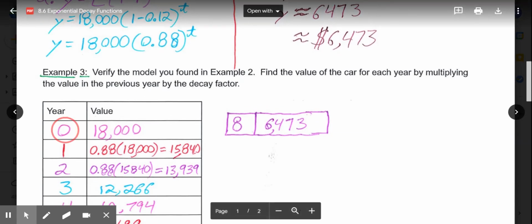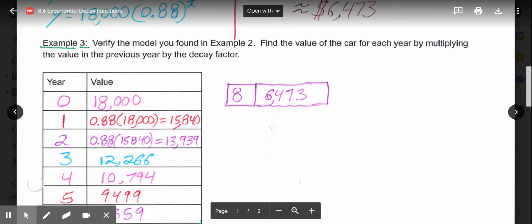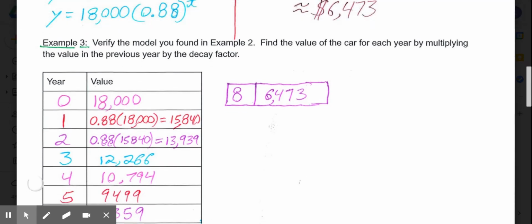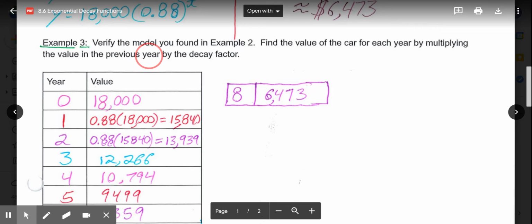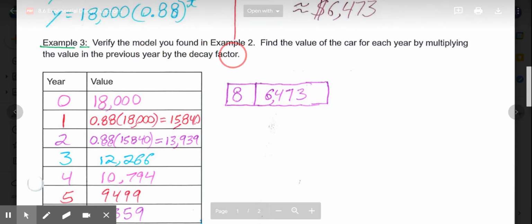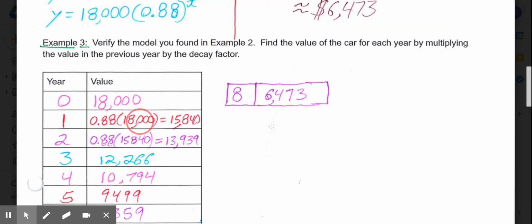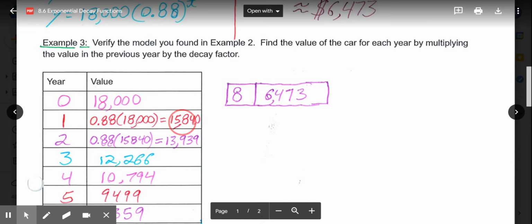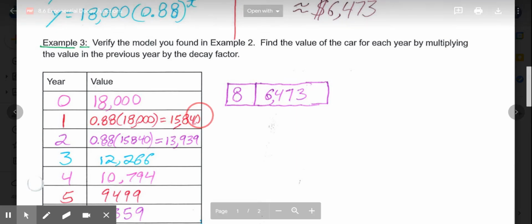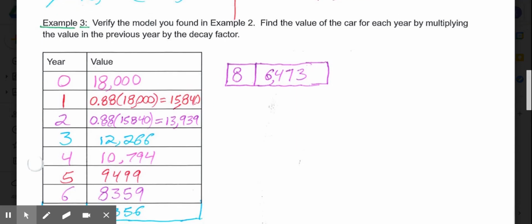In year 0, the first year, it's still worth 18,000. Then take the previous year multiplied by the decay factor. So 18,000 times 0.88 says after 1 year, that car is worth 15,840.